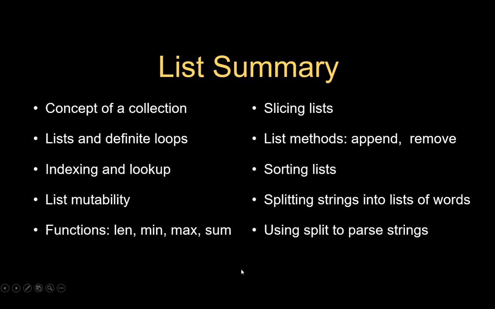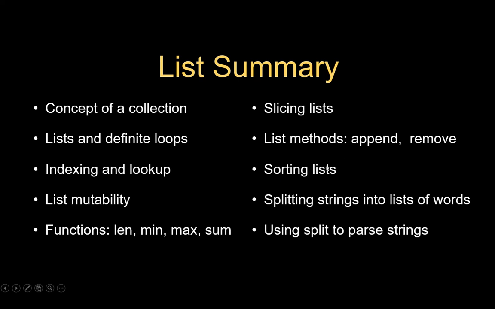Okay, so what did we talk about today? We talked about the concept of the collection. We talked about lists and definite loops. We talked about indexing and lookup. We talked about list mutability, which means that we can modify the content of the list. We talked about the length function, min, max, and sum. We talked about slicing.